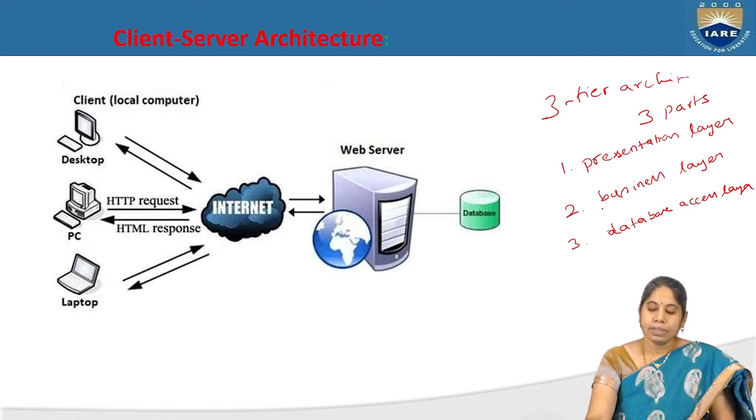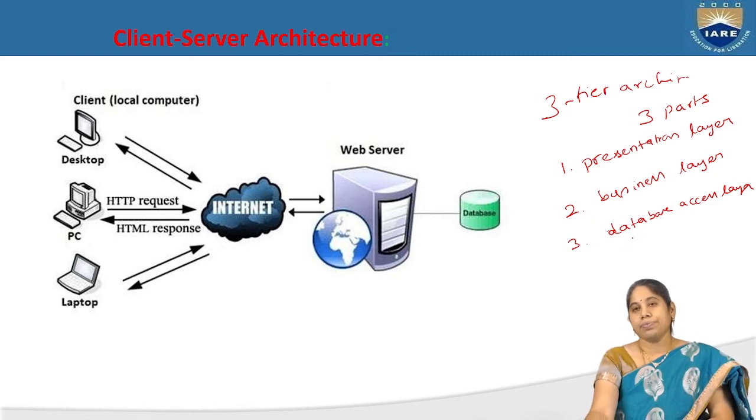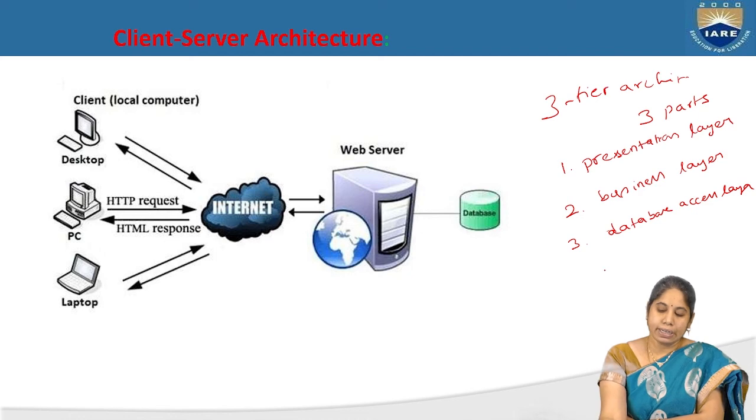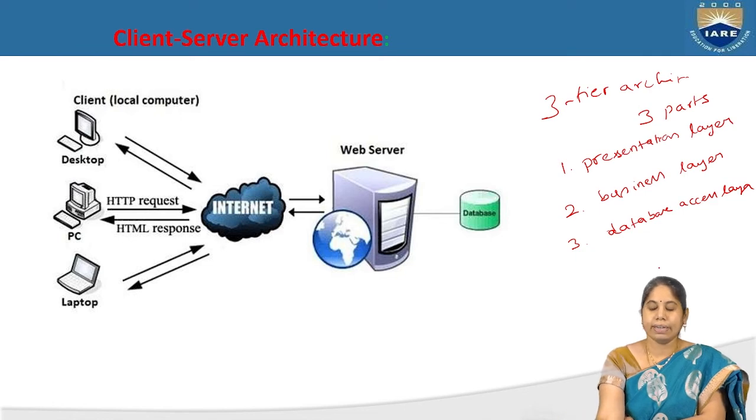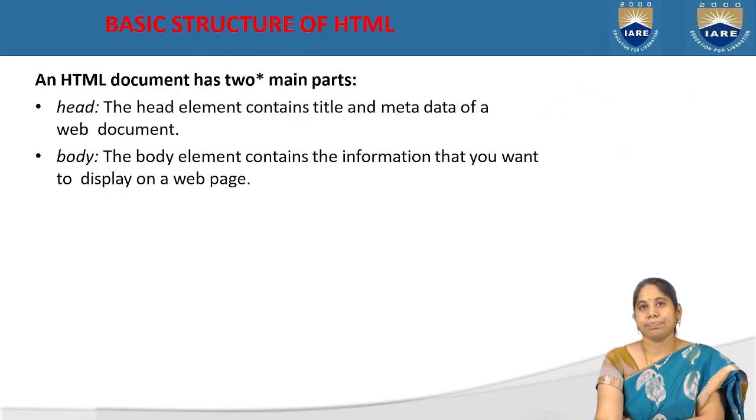If I change the logic in the business layer, then without affecting any of the other layers I can make that modification, so I can maintain the integrity between our different modules. So this is nothing but three-tier architecture. Most companies and industries use this three-tier architecture while developing websites.